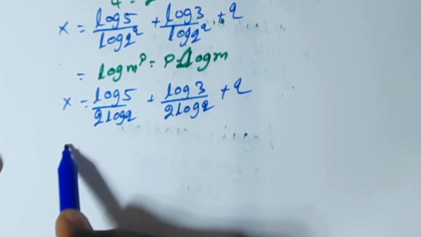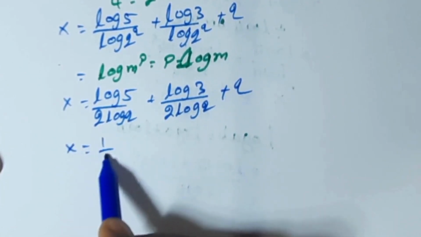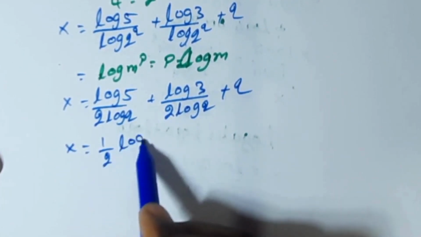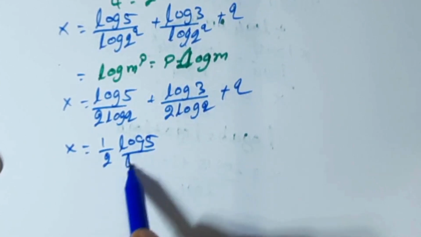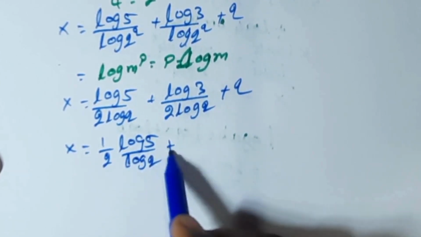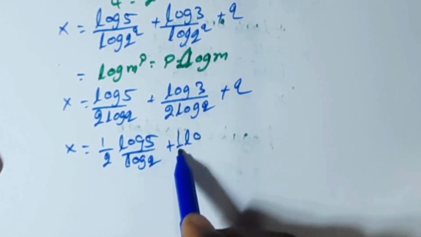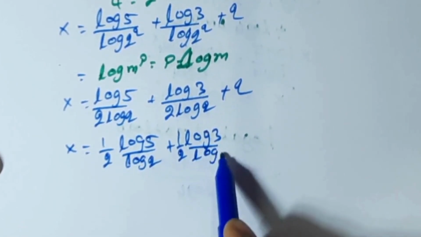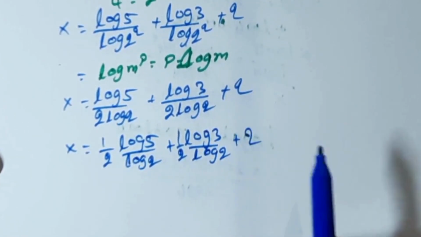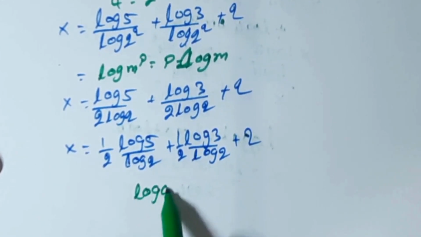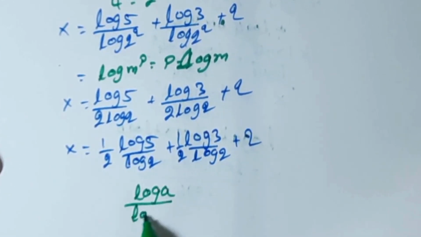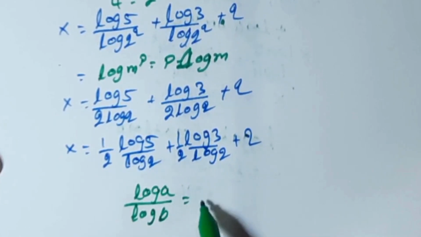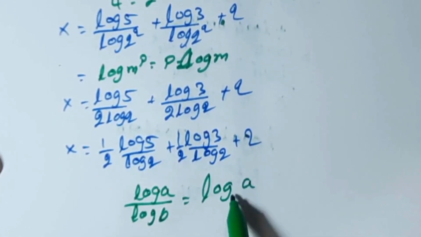Now 1 by 2 log 5 by log 2 plus 1 by 2 log 3 by log 2 plus 2. Log a by log b equal to log a base b.